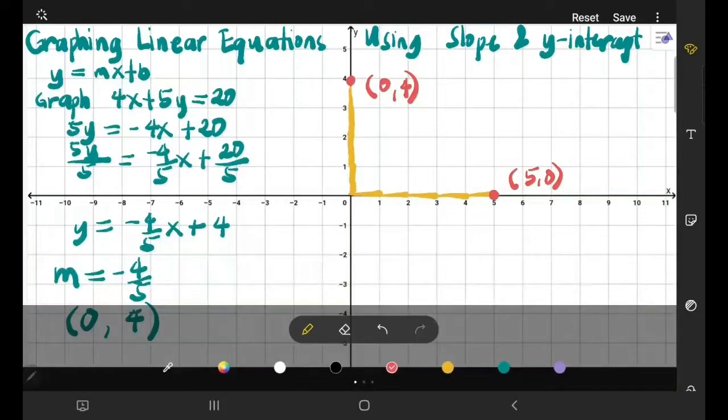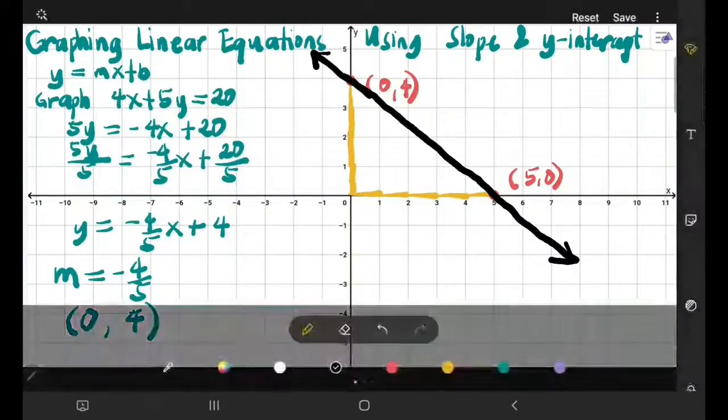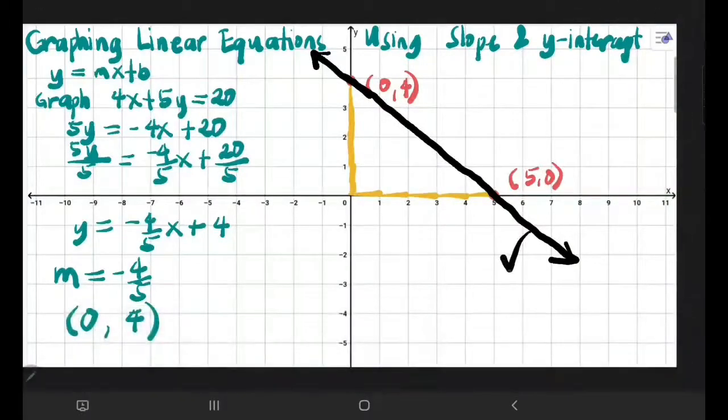And then connect the 2 points. Okay, so meaning this is the graph of 4x plus 5y equals 20.